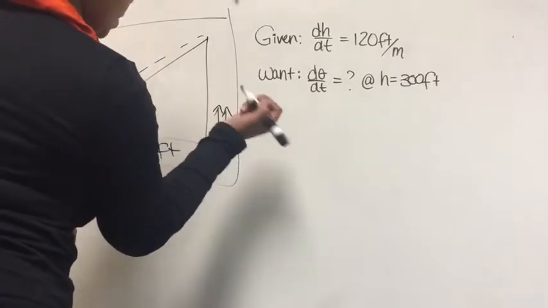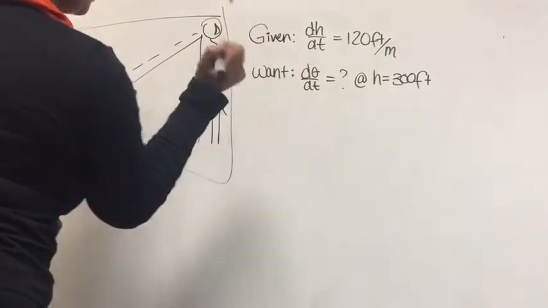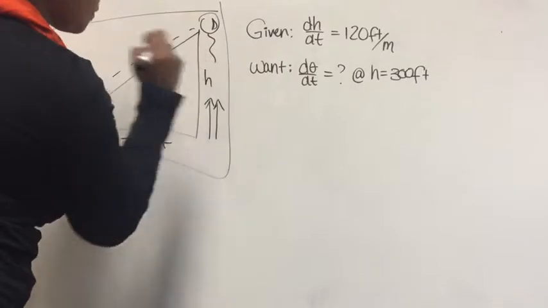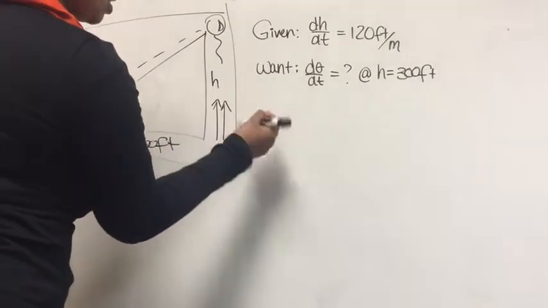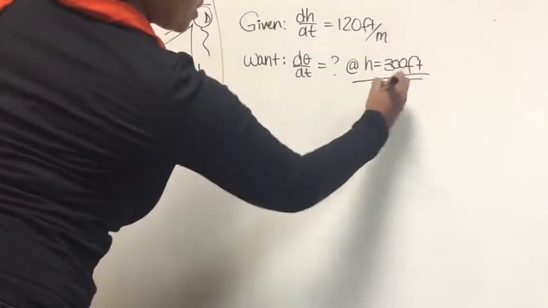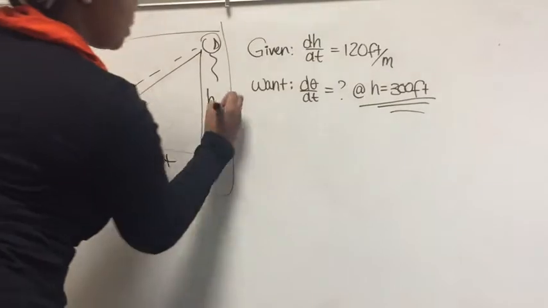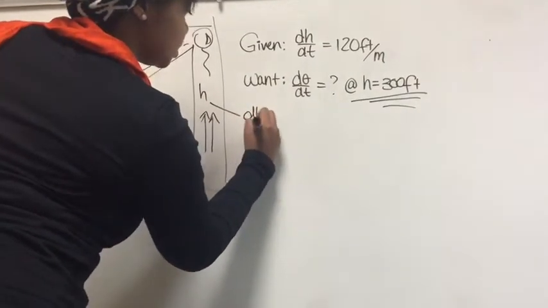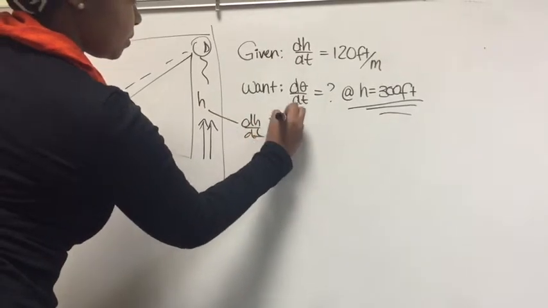Here's our balloon. And this is our variable h. Now we don't know h. We only know what we want the height to be when we find d theta dt. But we do know dh over dt, which is, as we've said up here, 120 feet per minute.